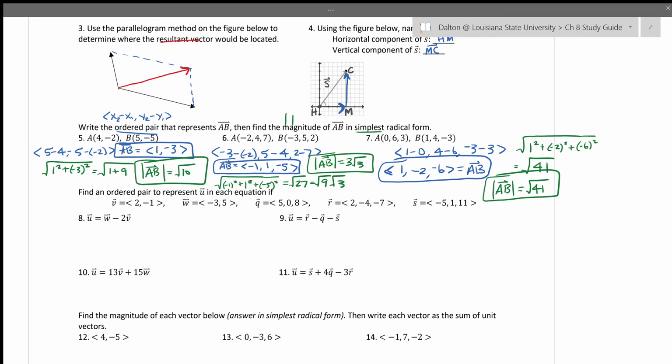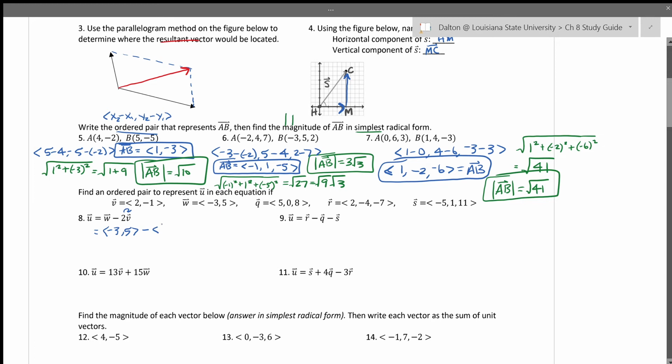So for this first one, w minus 2v, well, vector w I'm going to leave alone. That's -3, 5. This minus 2v, you can do two things. You can distribute -2 to v, or you can distribute the 2, which is what I'm going to do, and keep my minus sign.